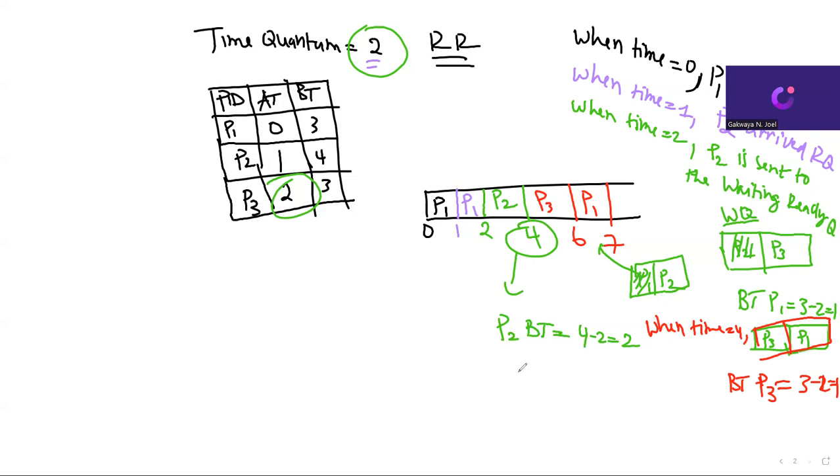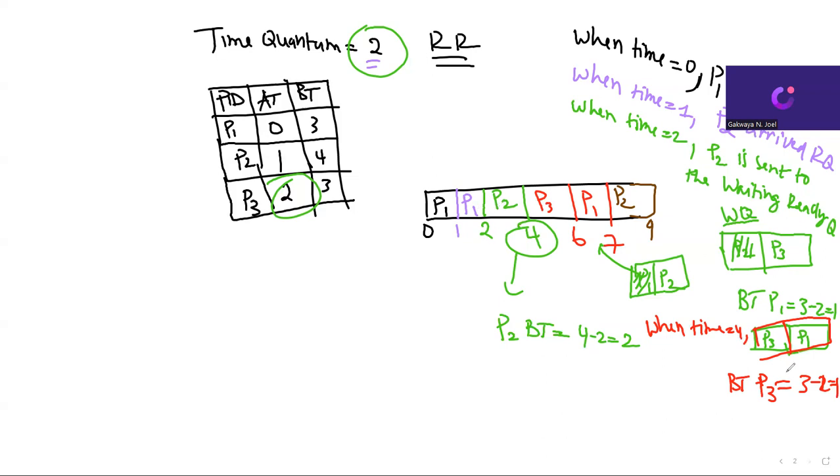Now from 7 to another 2, from 7 to 9. So we take P2 from 7 to 9. From 7 to 9, P2 is completed. There is no more process for P2, right? P2 is completed.